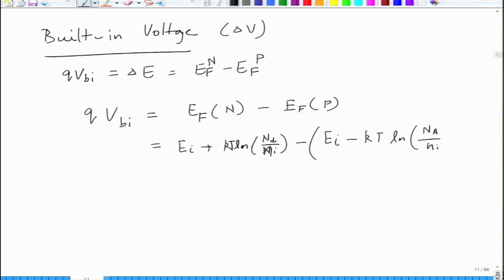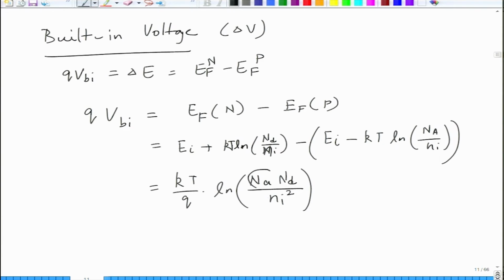This we saw in the semiconductor fundamentals. If you plug these together, this becomes kT divided by q ln of Na Nd divided by ni squared.